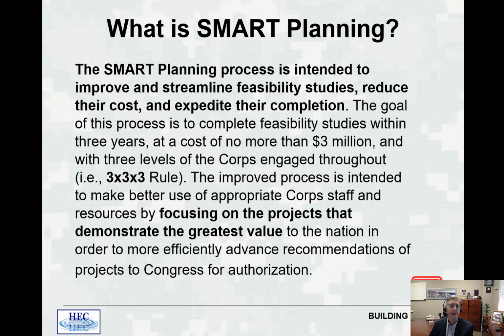So really, we need to complete a study using the 3x3x3 rule, which is it needs to be completed in no more than 3 years, with a cost no more than $3 million, and with 3 levels of Corps engaged throughout the process. So the focus is on getting projects that demonstrate the greatest value and getting to them quickly.